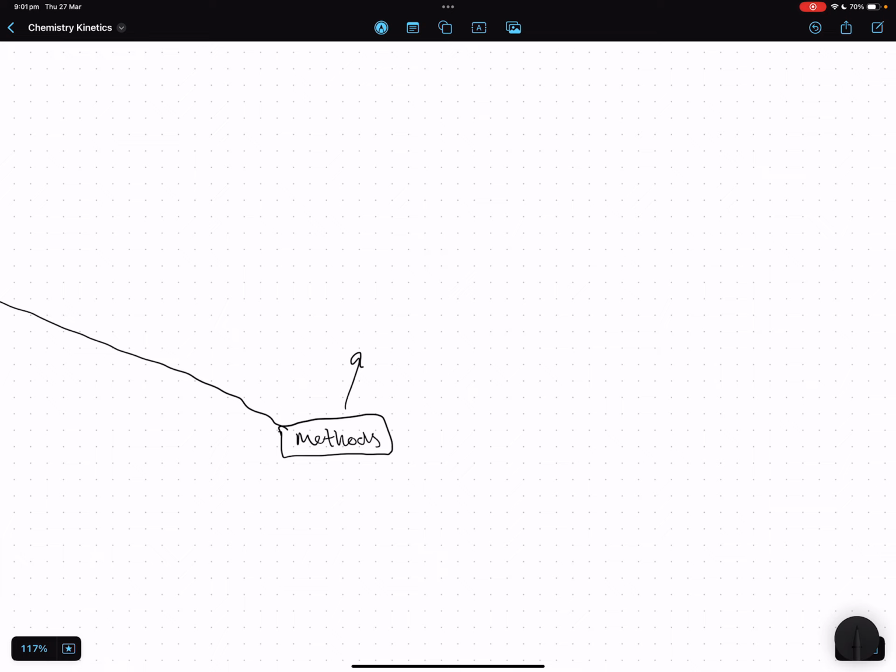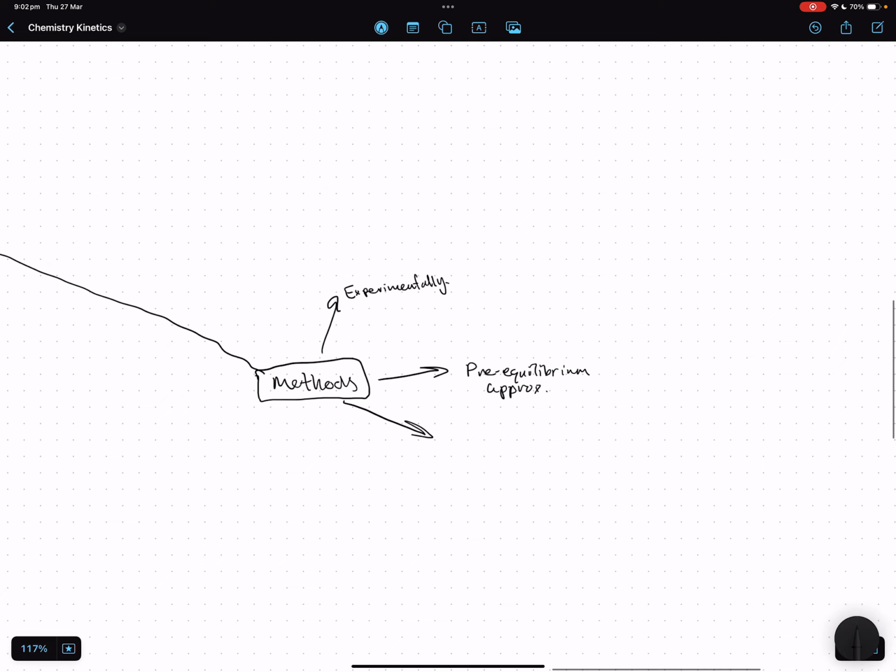You can do it experimentally, or you can use the pre-equilibrium approximation, and then you have what's called the steady state approximation.